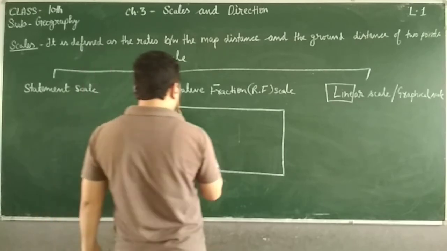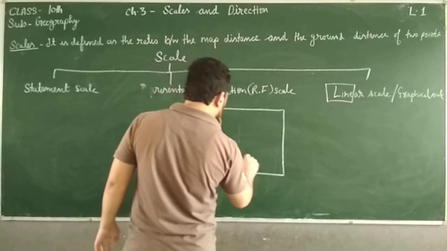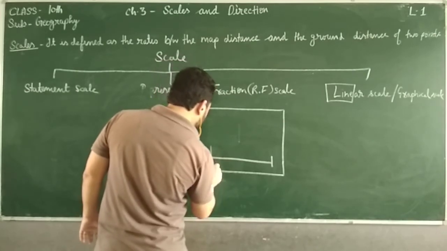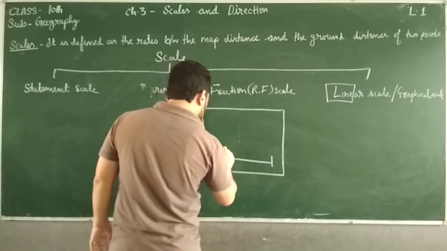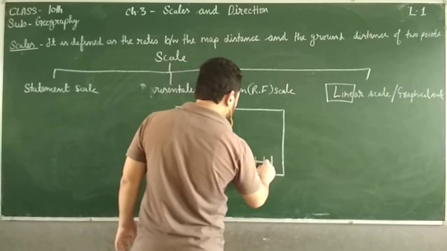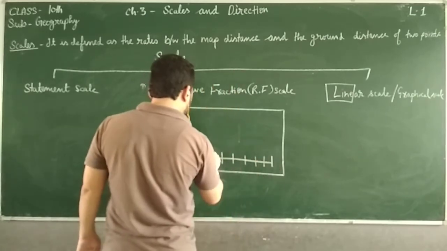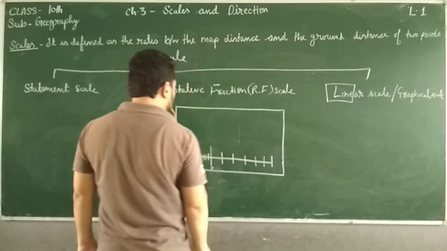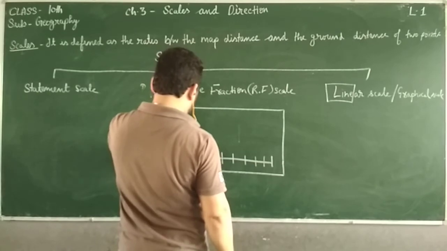On that map, one line will be drawn this way, which will have 0 here, and here 1, 2, 3, 4, 5, like this divisions, and here small divisions like this are there. This much only.